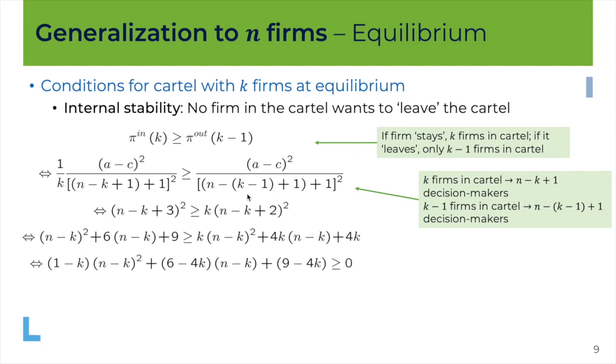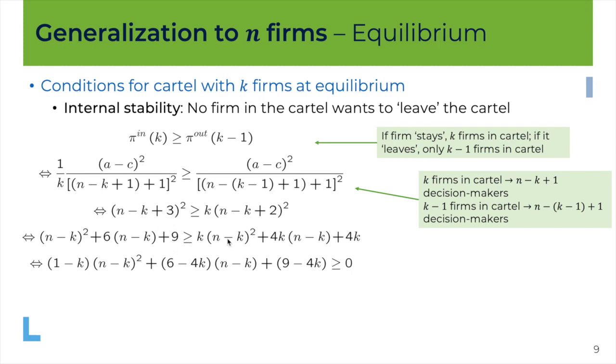I've also developed: N minus K minus 1 plus 1 plus 1 is equal to N minus K plus 3, and N minus K plus 1 plus 1 is equal to N minus K plus 2, right? Now, I develop here by just developing these squares, keeping N minus K as a variable, so I've got (N minus K) squared, plus 2 times 3 times (N minus K), plus 3 squared.